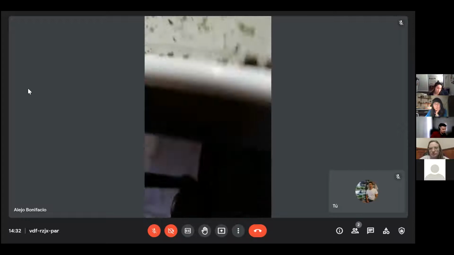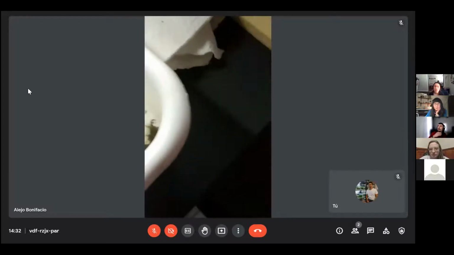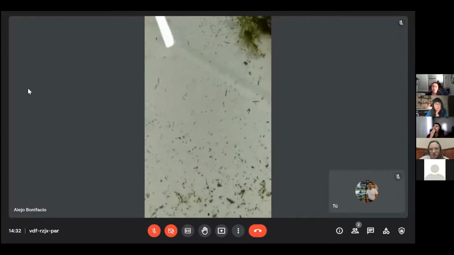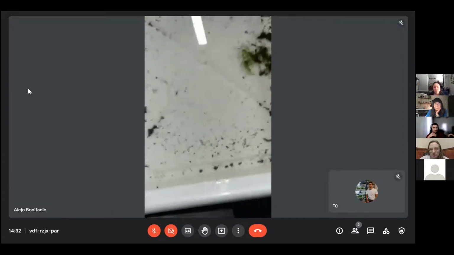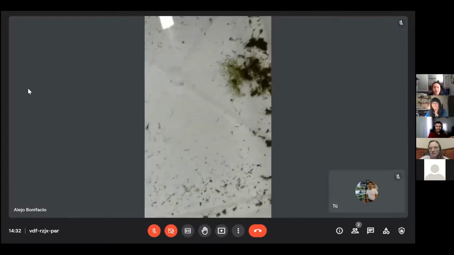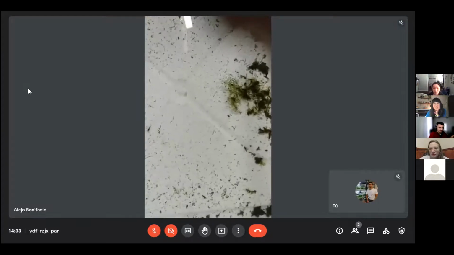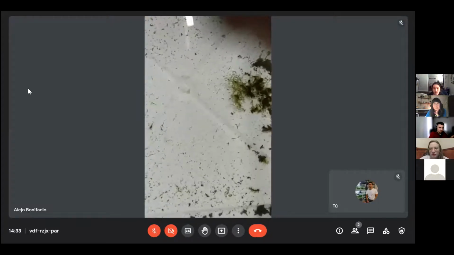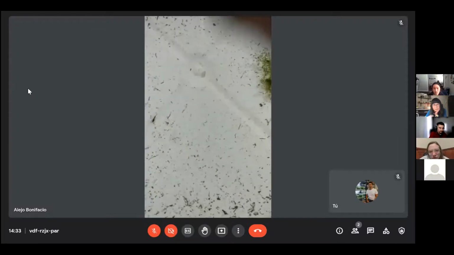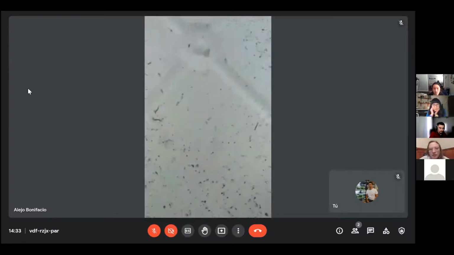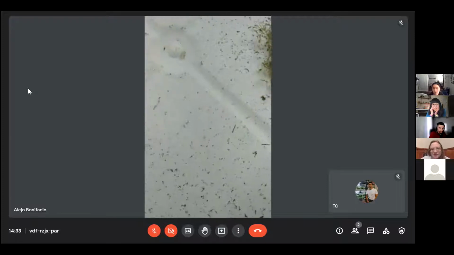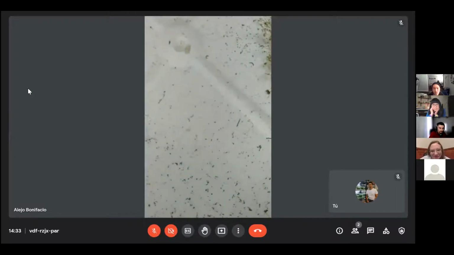Well, there is a, how is the name in English for this? A tray, yes, a tray. And you can see here that there are some things moving. This is like a worm swimming.